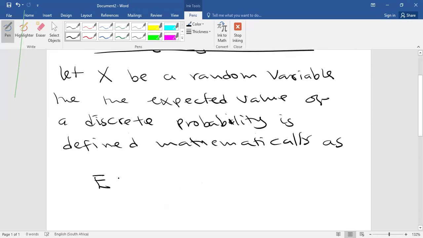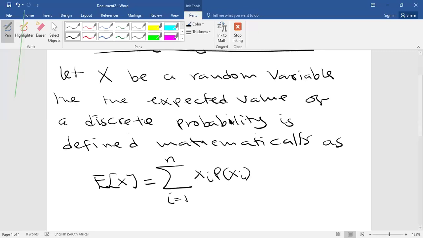The expected value of a discrete random variable is equal to the summation from the first to the nth of x_i times the probability of each corresponding x_i. Then this is how we define the expected value. This formula we should all know.